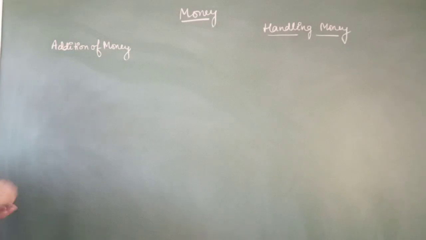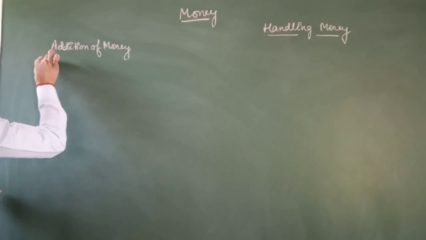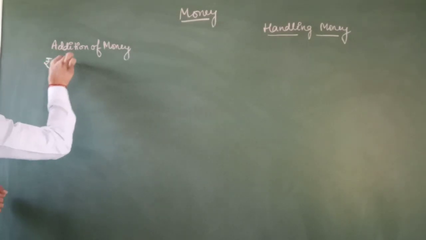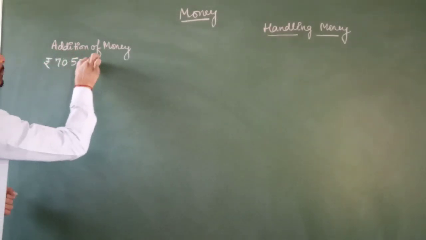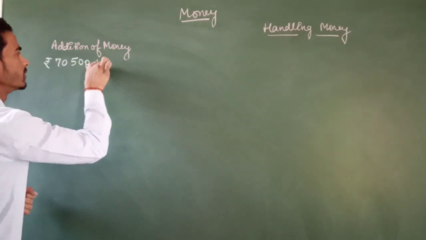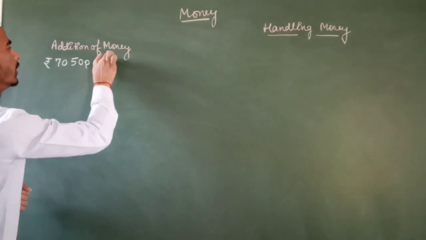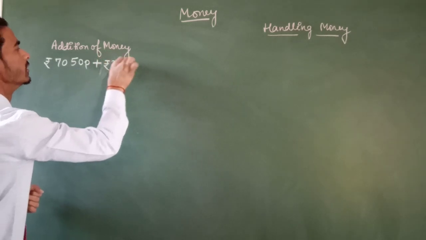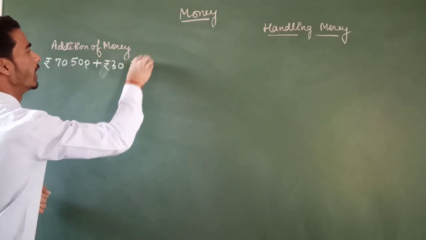We have to add 70 rupees 50 paise and 30 rupees 45 paise.